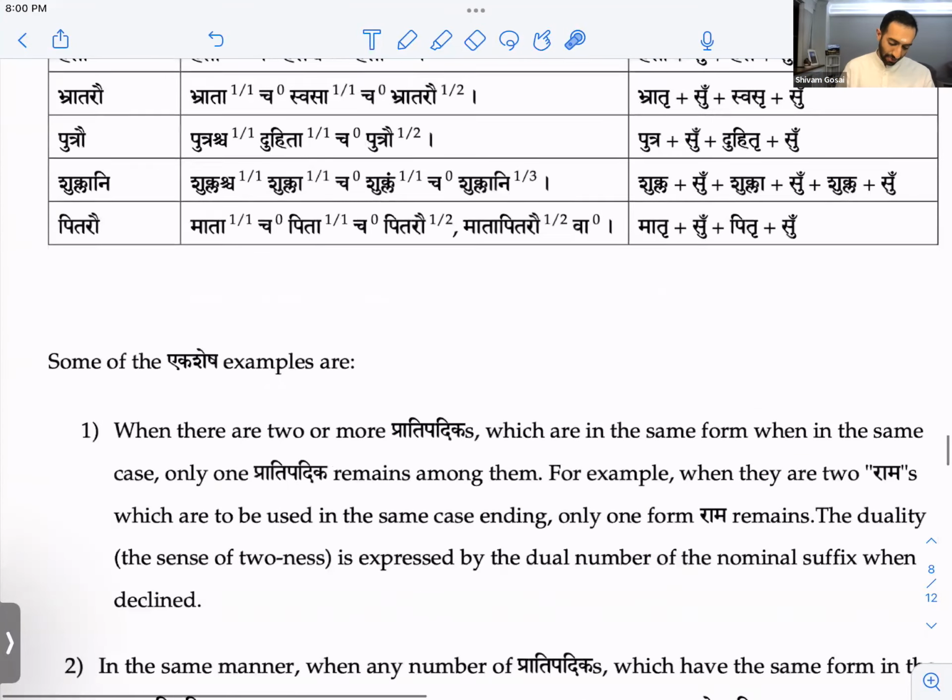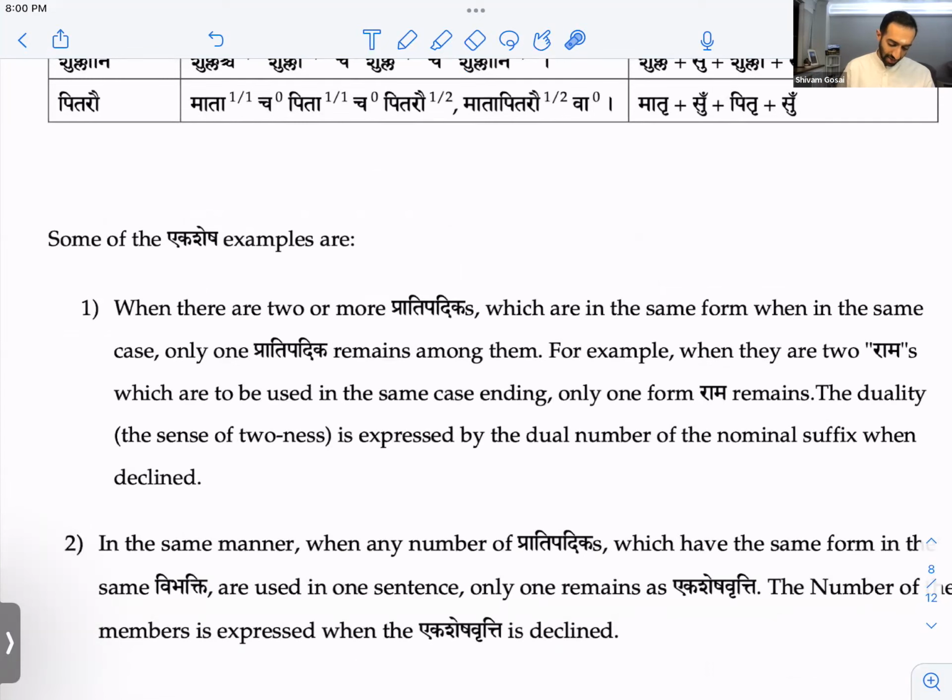So some examples, as we just saw. When there are two or more pratipadikas which are in the same form, meaning they look the same, they're twins, and they're in the same case, only one pratipadika remains.